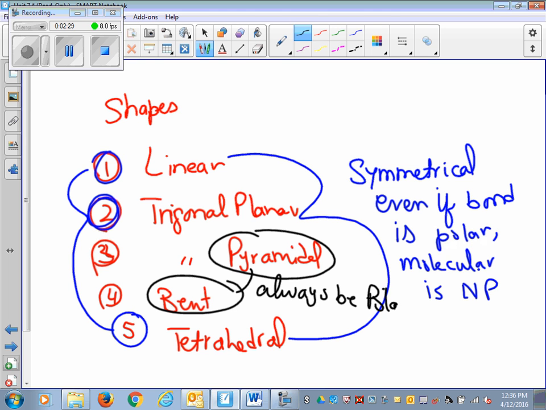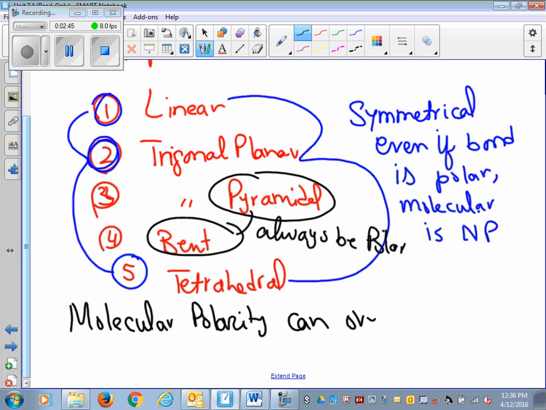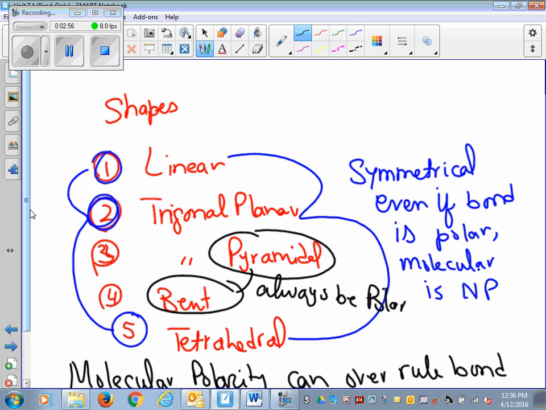So the bottom line is that molecular polarity can overrule bond polarity. That's what I'm telling you here. I repeat it: we have 5 shapes.